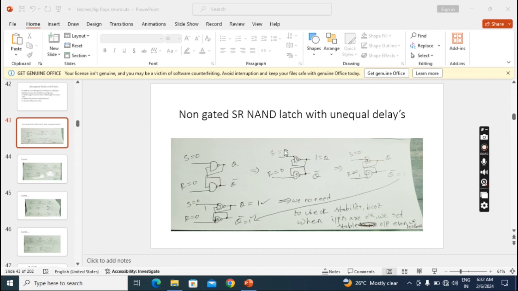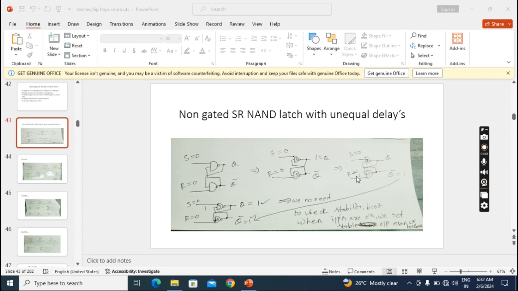Right, so this is 0. If any input is 0, I will get 1. I am showing this in this diagram. All the diagrams here are for the first condition, 0 0 only. Now we got this Q first, so I will feed back this output to here.